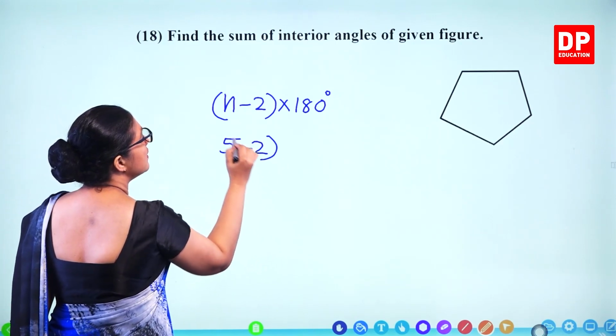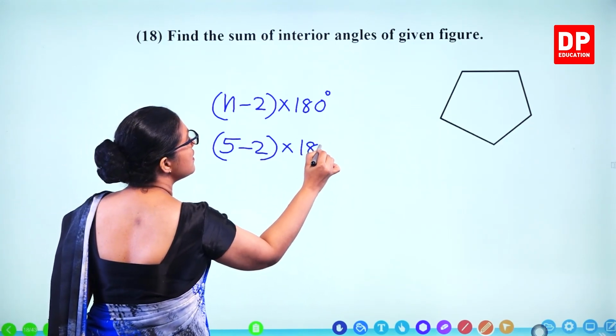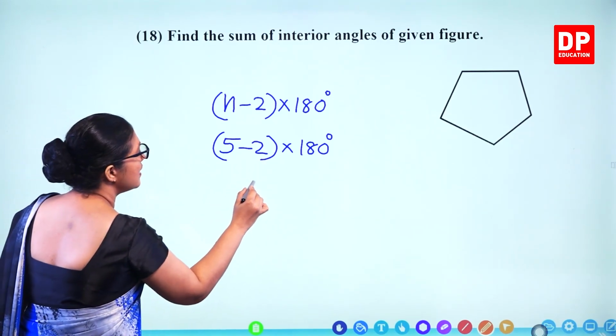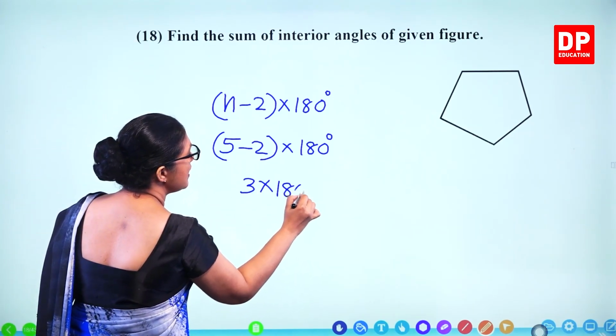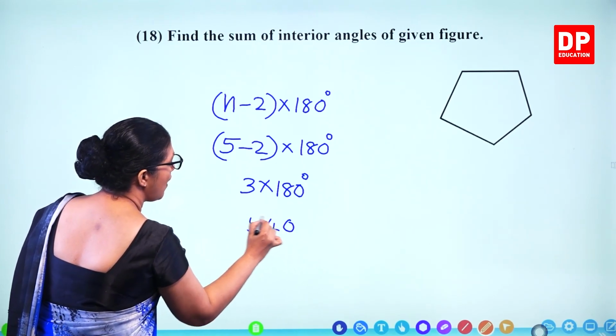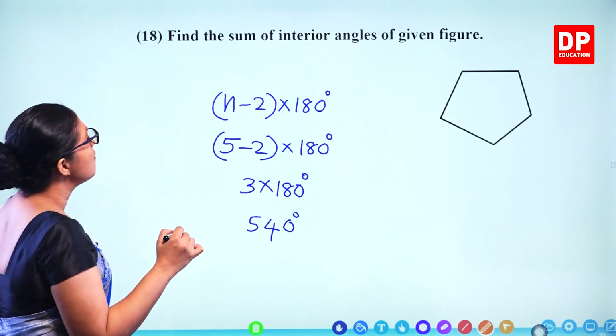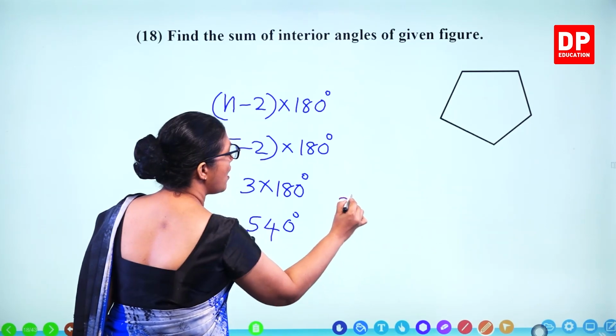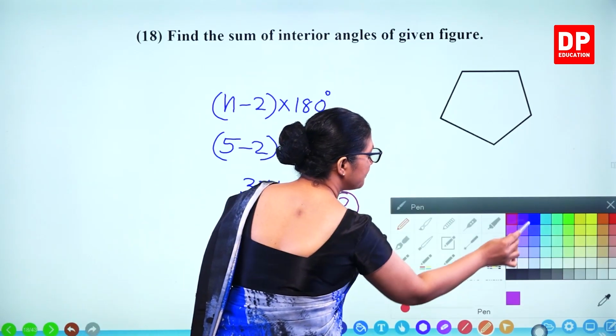Substitute that and you can find the sum of interior angles of this shape. That's a pentagon. 3 times 180 is 540 degrees. 2 marks for that.